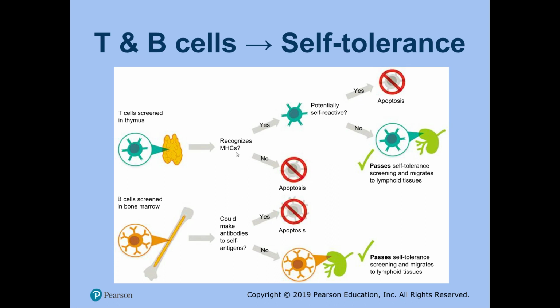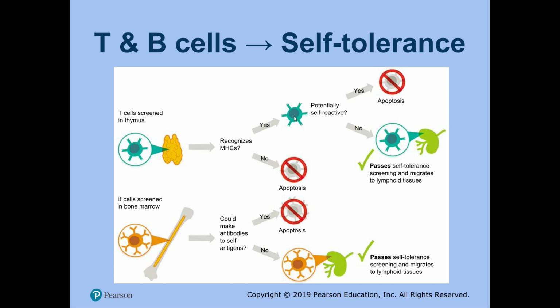And there are these things called MHCs, and MHCs are on our cells. All of our cells have them except our red blood cells. Basically, when an immune cell goes up to one of our cells, it needs to be able to recognize its MHC and be like, oh, you are human, or oh, you're human too.